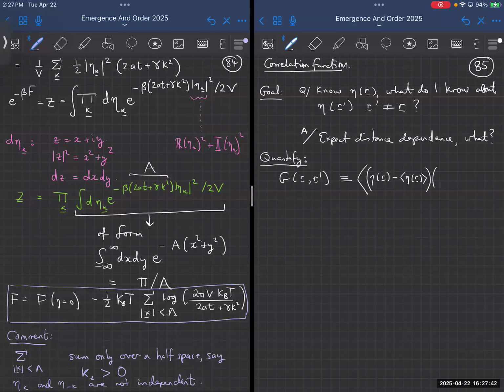And then I compute eta at r prime minus the average value of eta at r prime. And then I take the expectation value of that. So let's unpack what this means, because sometimes people get confused about what it means, or they don't think very carefully about it. So this thing over here is the fluctuation at r of eta of r about its mean value.